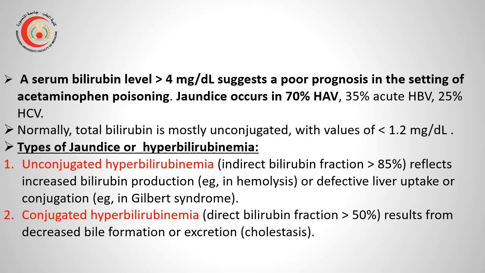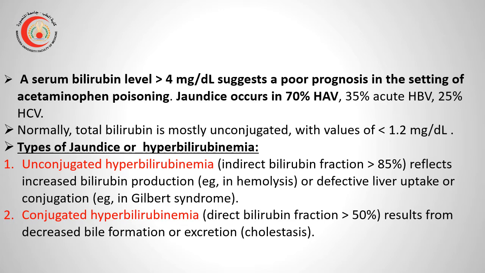Types of jaundice or hyperbilirubinemia are divided into unconjugated hyperbilirubinemia, where the indirect bilirubin fraction constitutes more than 85%. It reflects increased bilirubin production, as in hemolysis, or defective liver uptake or conjugation, as in Gilbert syndrome.